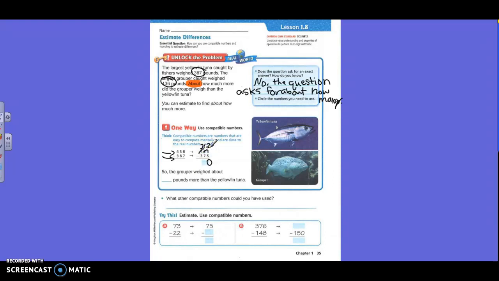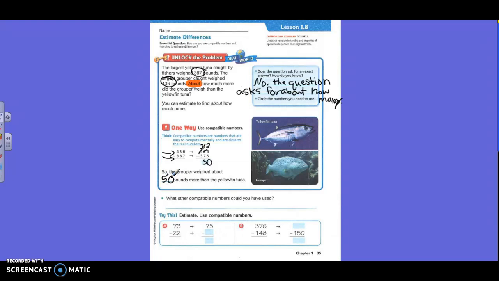So now we're doing 12 minus 7. What is 12 minus 7? 5. And then 3 minus 3 is nothing, so how much more did the grouper weigh? 50 pounds.